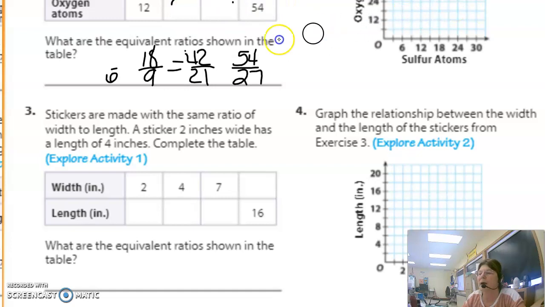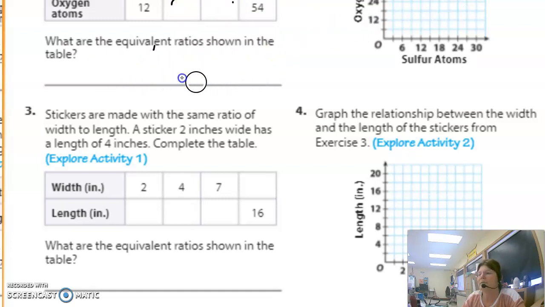You can always go back and back this up if you need to find those numbers, and if you have any questions, give me a holler. A sticker 2 inches wide has a length of 4 inches.